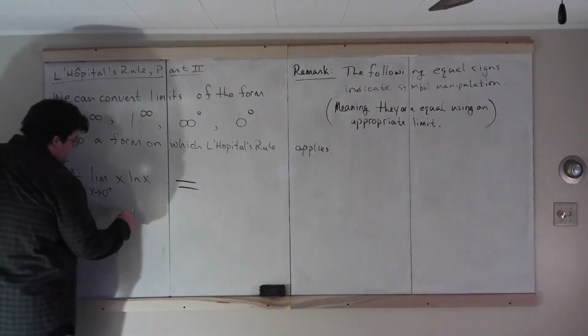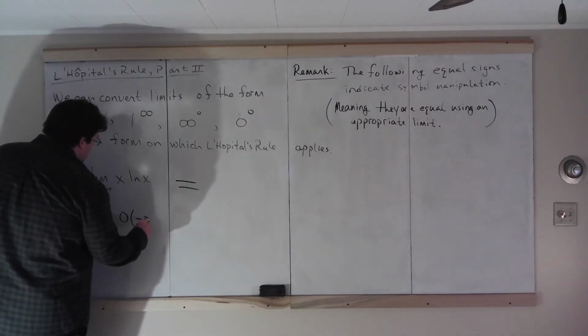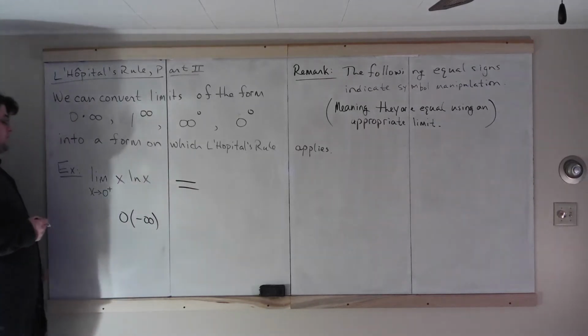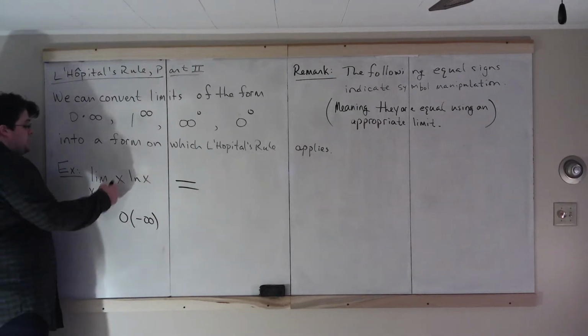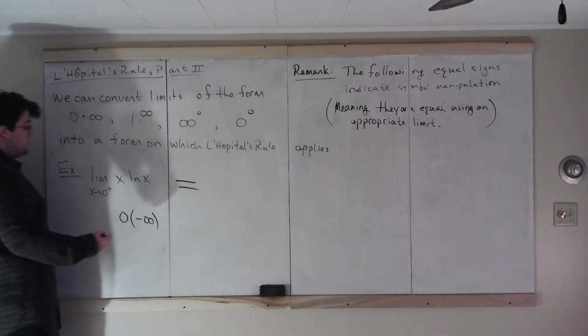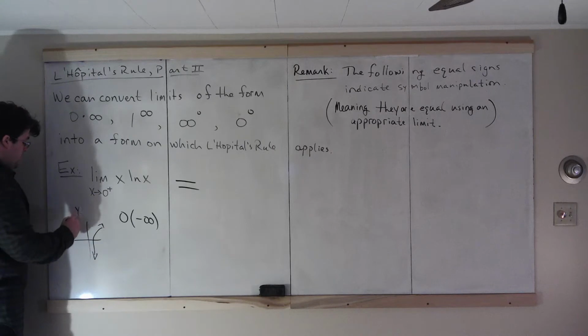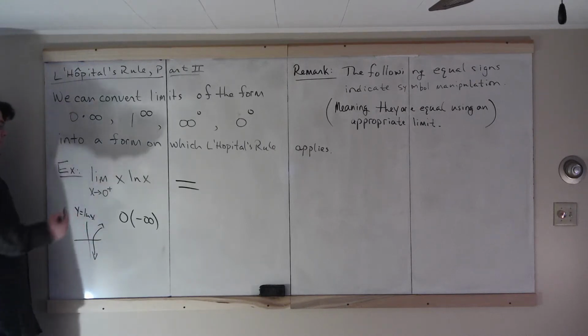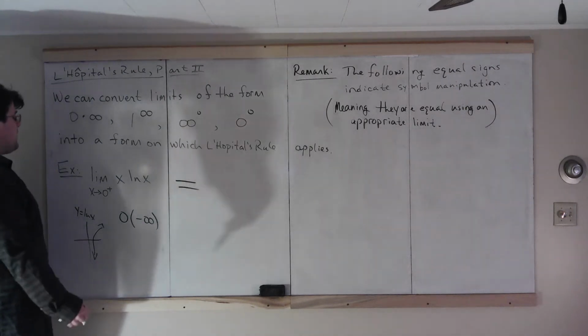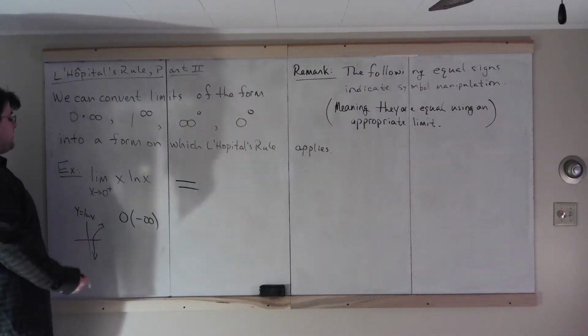Here we have a 0 times a negative infinity. As x approaches 0 from the right, x goes to 0, and log x goes to negative infinity because the graph of log x looks like that. So as x goes to 0 from the right, that goes down to negative infinity. So right here we have a 0 times a negative infinity.